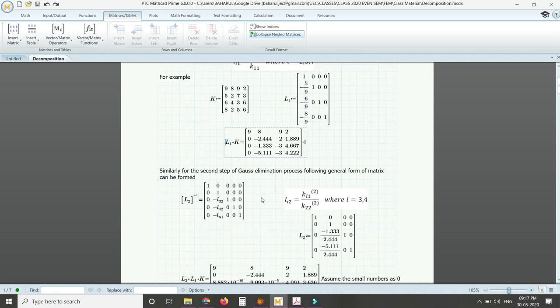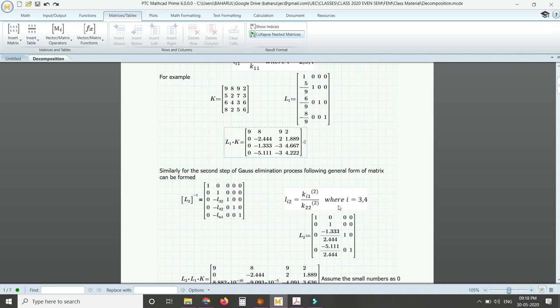Similarly, if I move on to the second step of Gauss elimination, in the second step we find Li2, which are shown in this equation. The same coefficients we can write in the same format: the diagonal elements are 1, and in the second column I can write minus L32, then minus L42 up to minus Ln2.